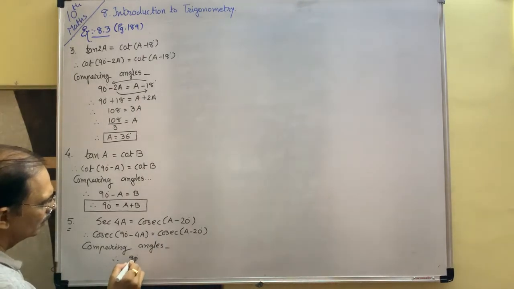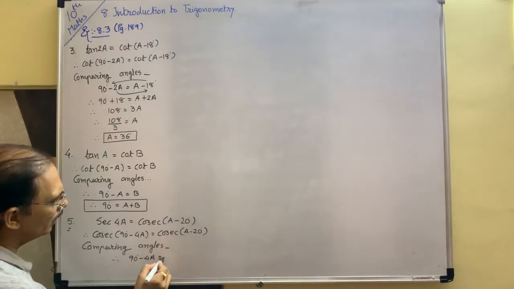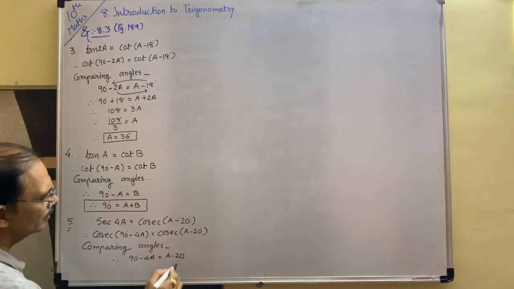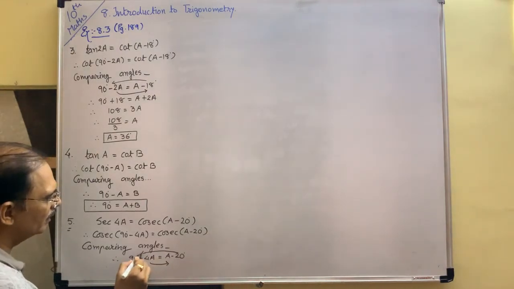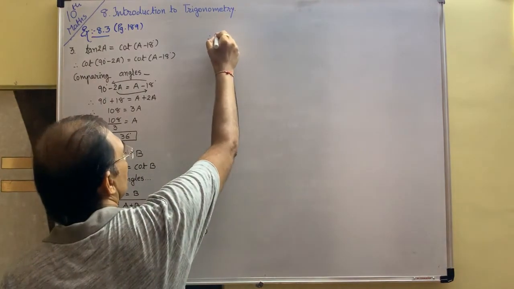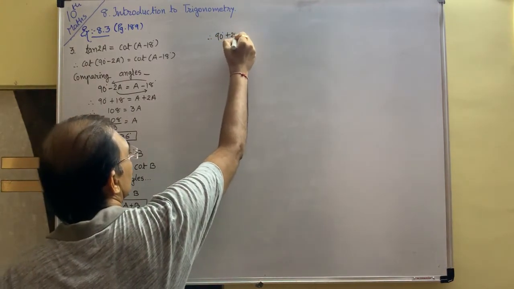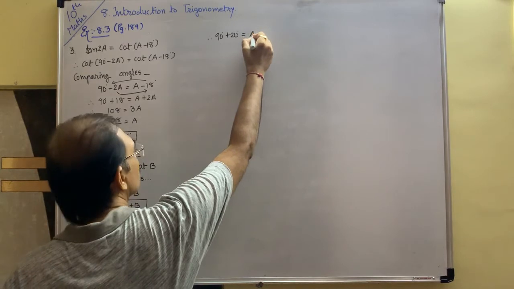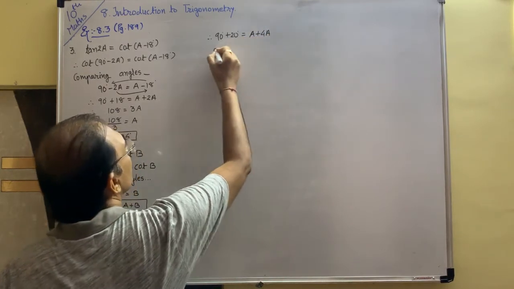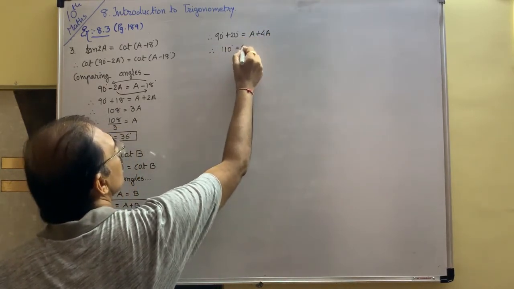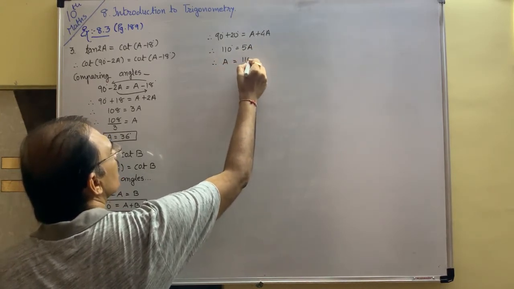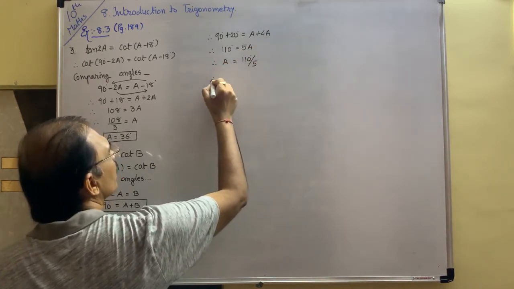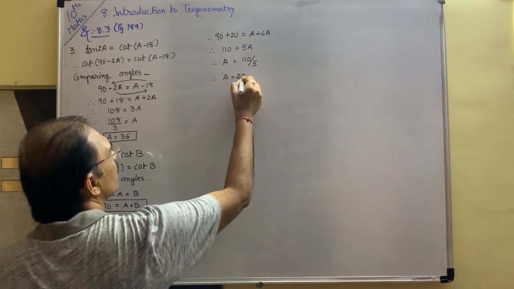Therefore 90 minus 4A equals A minus 20. Now take minus 4A this side and minus 20 this side. So it will be 90 plus 20 equals A plus 4A. 110 equals 5A. 5 moves down. So A equals 110 divided by 5. So A equals 22 degrees.